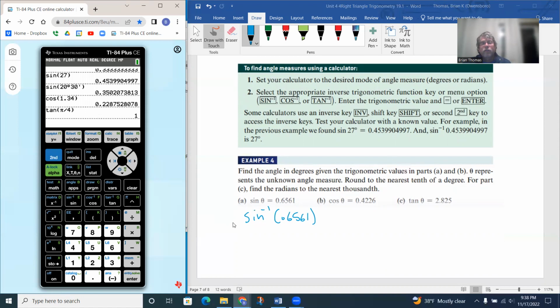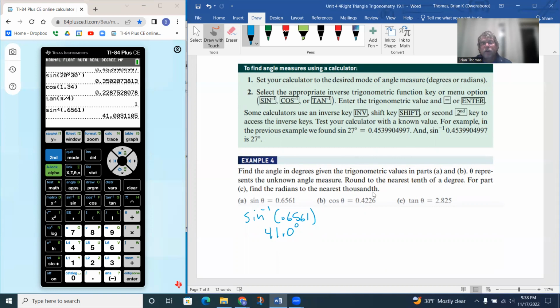So now if I do the inverse sine, which is the blue one, and put the ratio in as a decimal, 0.6561, that'll kick out the degree measure. So it'd be like 41 degrees. And notice they say round to the nearest tenth of a degree, so that's 1 decimal place. That'd be 41.0 degrees.